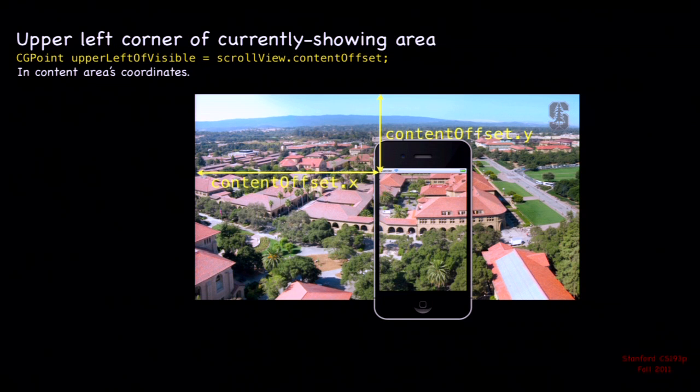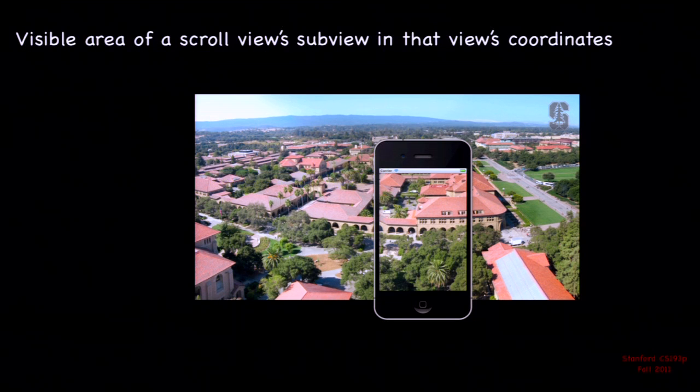So X and Y. So in this case, this thing's what, 1,600 high, so maybe 500 is the Y and the X is maybe 900 or something like that, right? That's where this thing is. And as it moves around, this contentOffset property is just constantly changing. You can always ask where it is. Another way to do it would be to look at the scroll view's bounds.